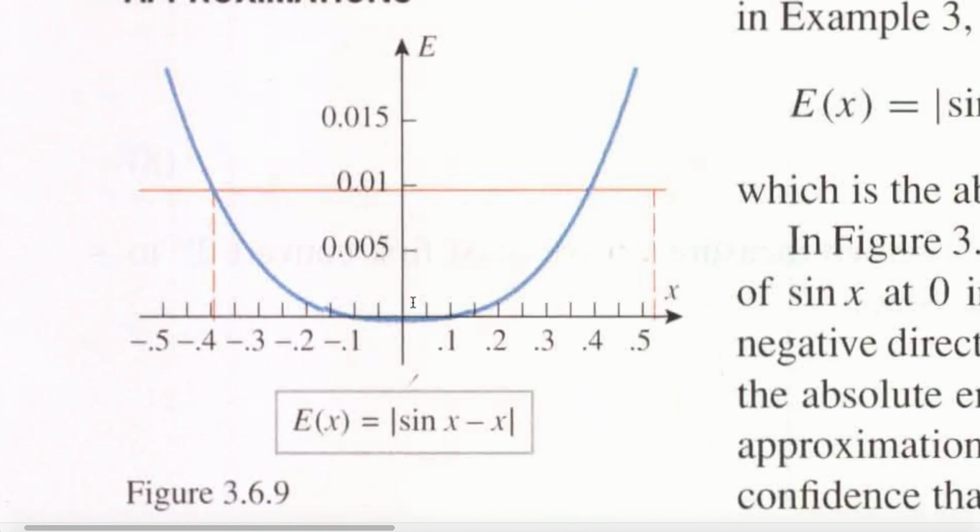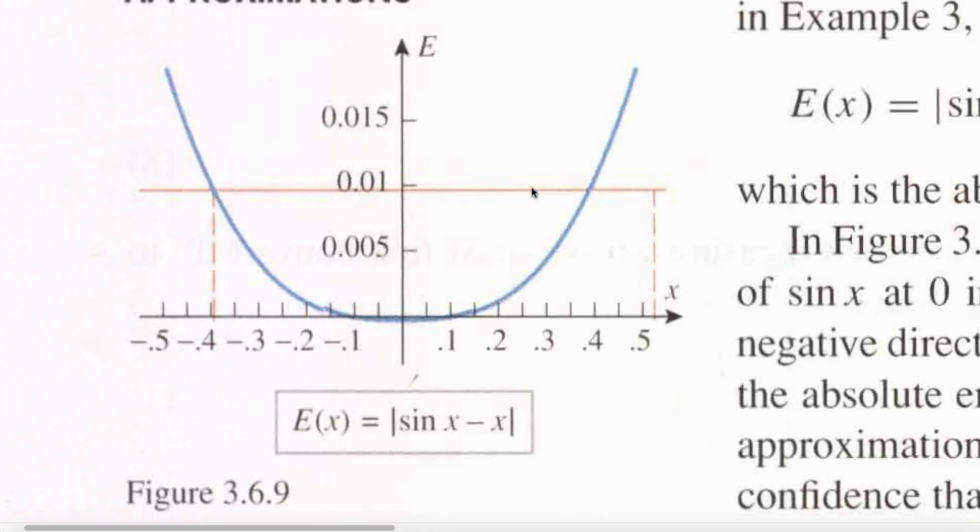Everywhere this curve is close to the x-axis is a place where the tangent line is a good approximation. And as the curve goes up, the tangent line is getting worse and worse in calculating the sine function. Right about here is where it gets to 0.01 error away from the actual values.